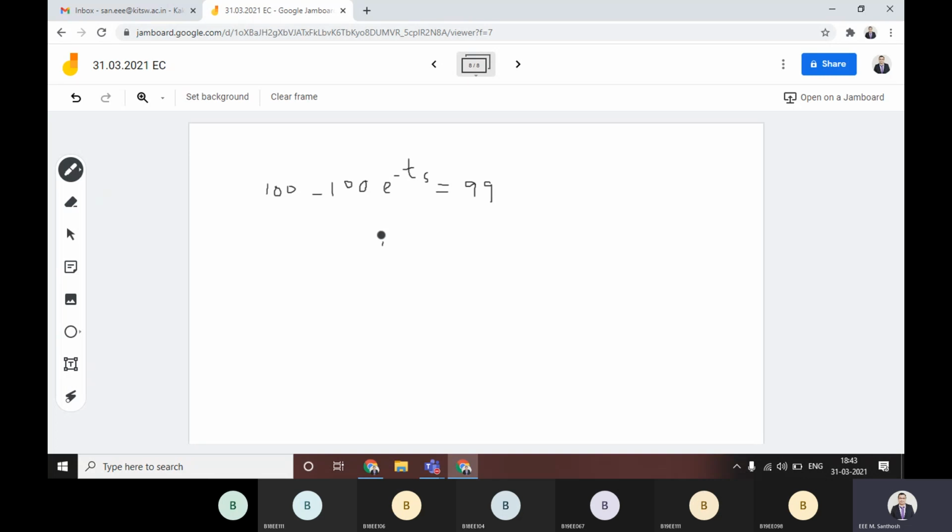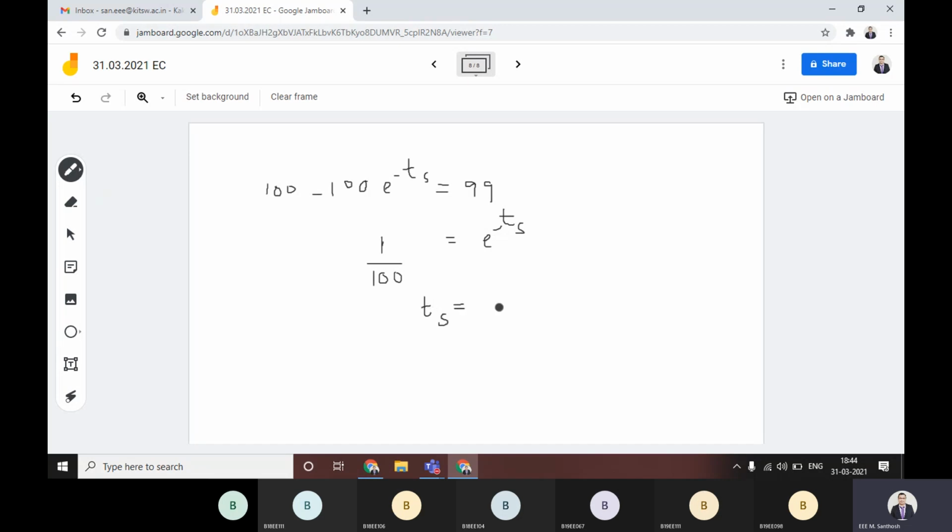You can send this 100 into e power minus Ts this side. You will get e power minus Ts. This side is 1, right? 100 minus 99. Here you will have multiplication 100, that value will come as division here. Then what is the value of Ts?